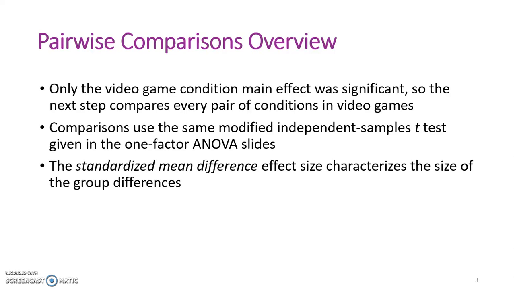And as I described with one-factor ANOVA, these pairwise comparisons use the same independent samples t-test, a modified or adjusted independent samples t-test. Something new that we can look at is something called the standardized mean difference. And this is going to give us an effect size that characterizes the size of the group differences in a standardized metric, not the raw metric.